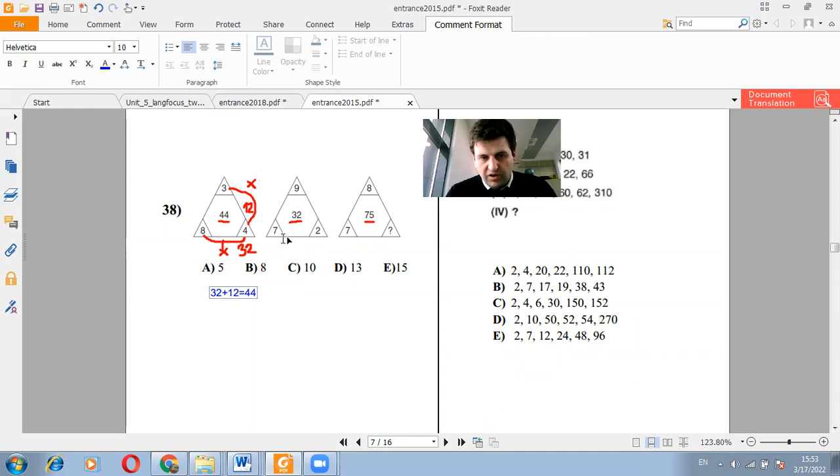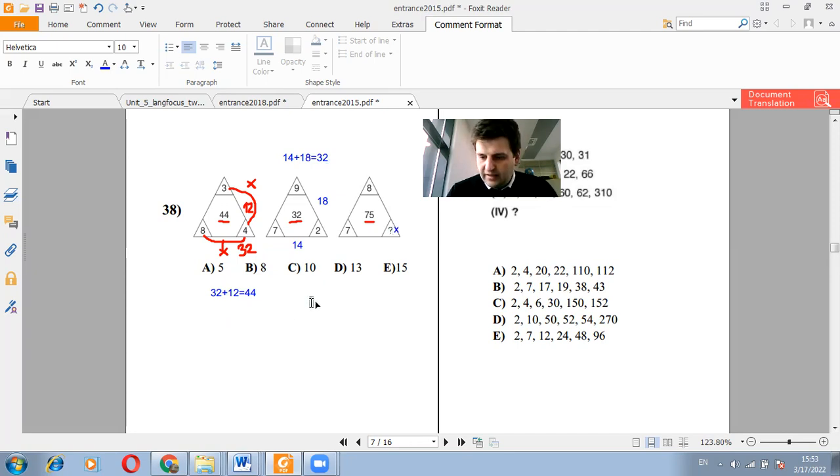The same situation here. 7 times 2 is 14 and 9 times 2 is 18. So I'm going to write here 14 plus 18 equals 32. And for the end, it's going to be a mathematical equation because we have a question mark. We can replace it with an x.